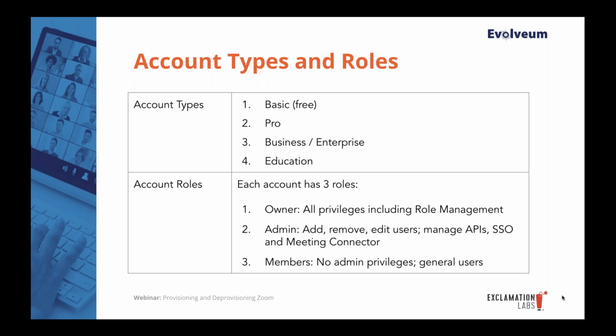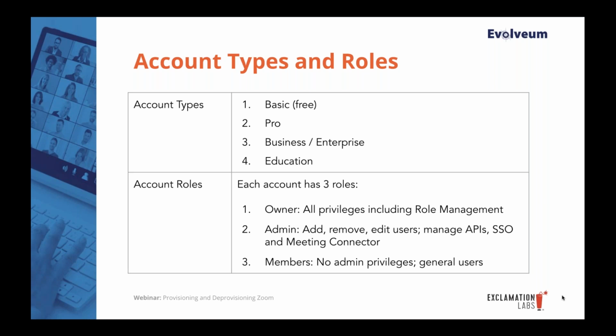Each account can have 3 different roles in Zoom. So there are 3 main role types that Zoom supports. Now keep in mind there are 2 different concepts of grouping accounts that we'll get into in a minute. Zoom also has the notion of groups, but this is specifically called roles in Zoom. There are owner accounts, maybe the person that creates an organizational type account.